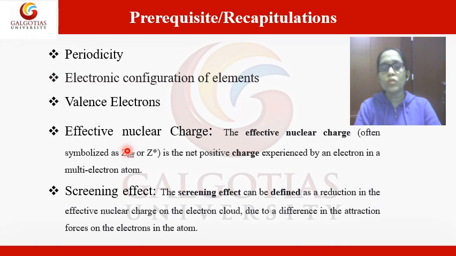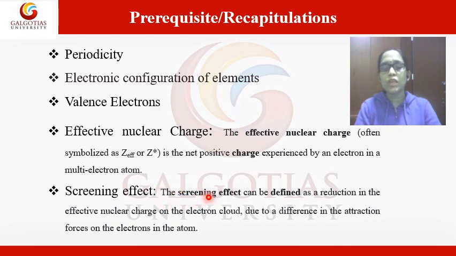So we know there are many electrons in an atom. Whatever net positive charge is faced by the valence electron is known as the effective nuclear charge. The inner shell electrons reduce the effective nuclear charge. This is known as the screening effect, or shielding effect.